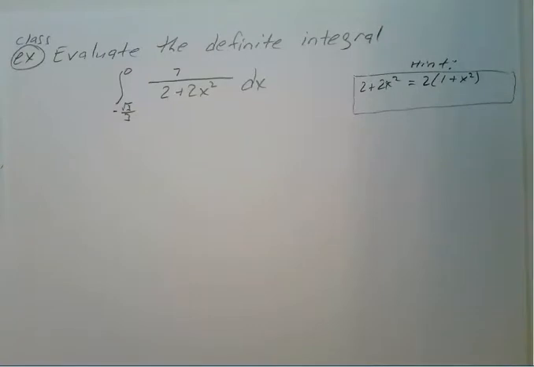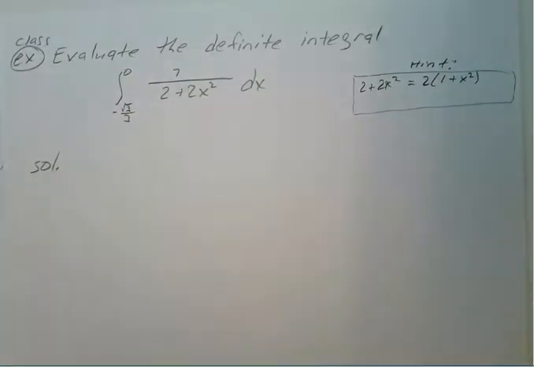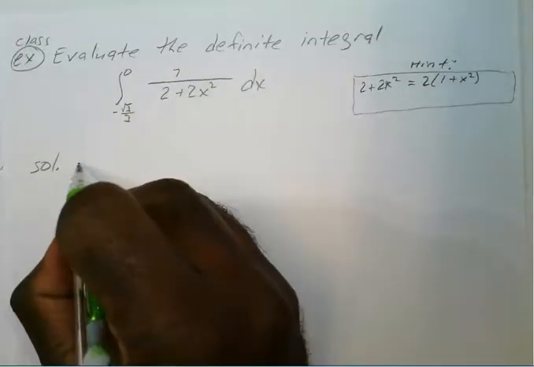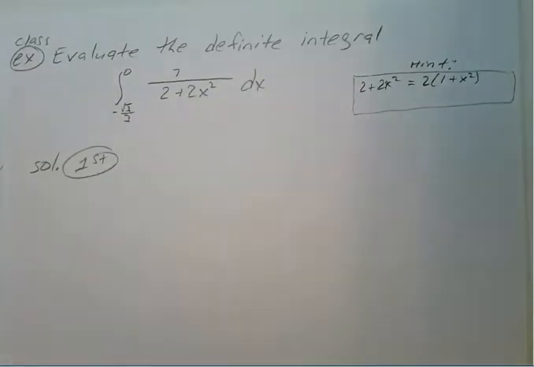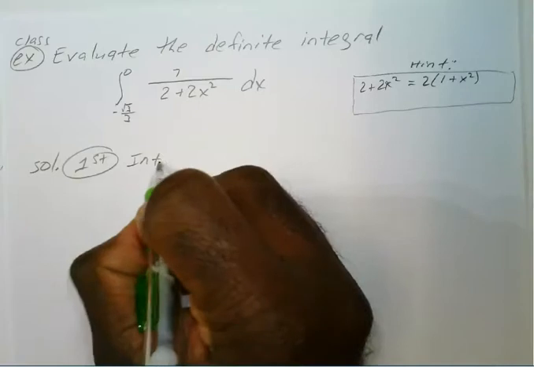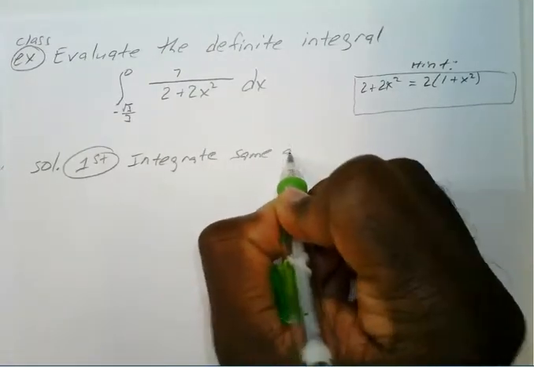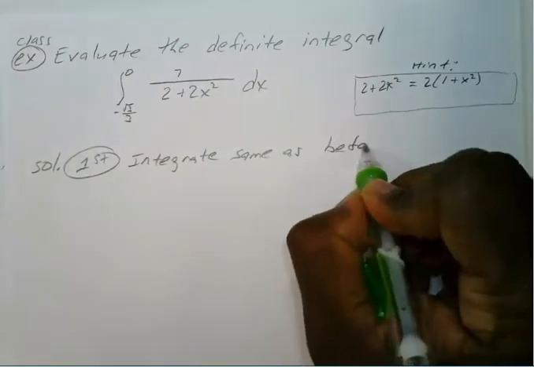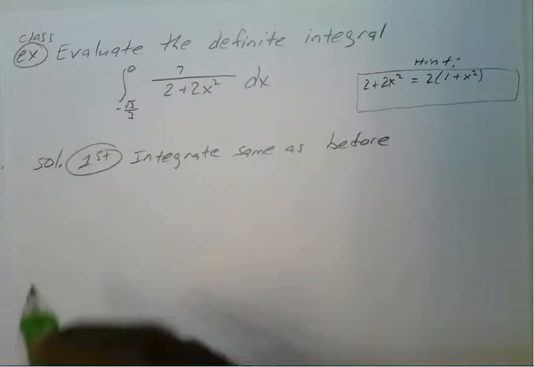All right, so we're going to assume you've pressed pause, and we're going to verify your answer. Your first step for a definite integral is you're going to integrate the same as you did on the previous examples. Then after that, you're going to use the fundamental theorem of calculus to solve it.